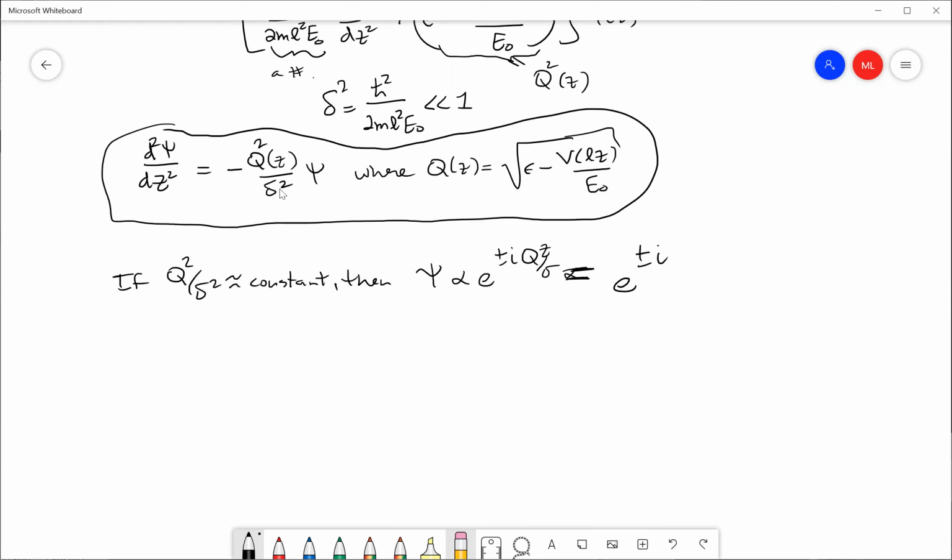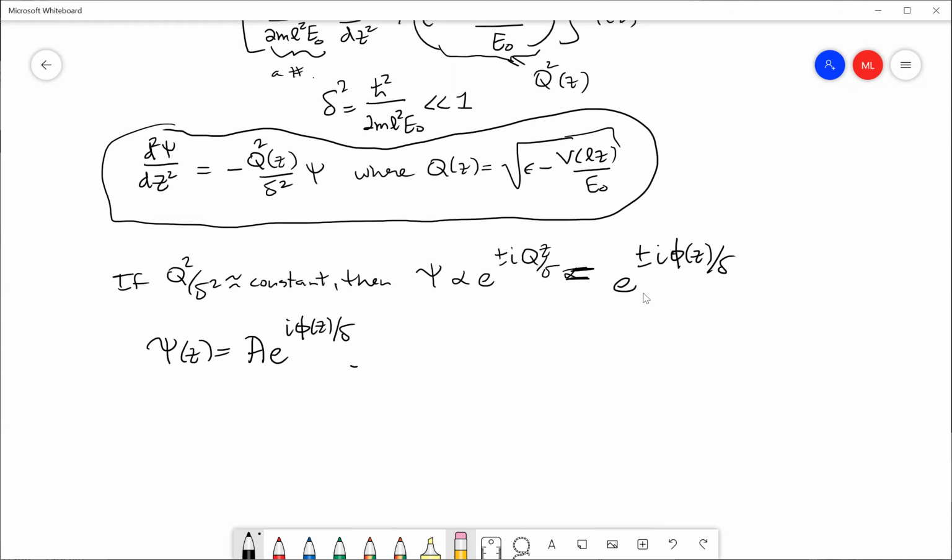And in general, q times z would just be some other function, which I'm going to call phi of z, so plus or minus i phi of z divided by delta. It would be q times z in the case where q is approximately constant, but this would be the general form of the solution. And this is the key of WKB: you use this as an ansatz. You do a variable transformation where you say, let's just look for solutions that look like some constant times e to the i phi of z divided by delta.